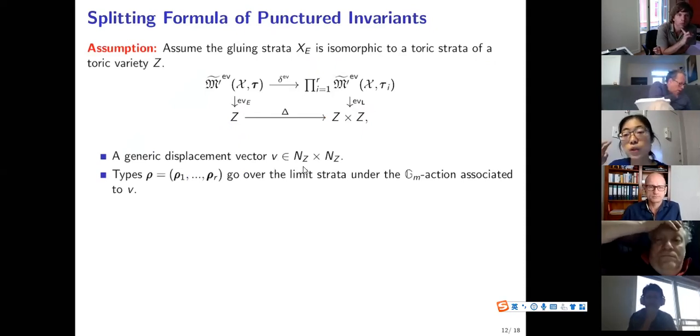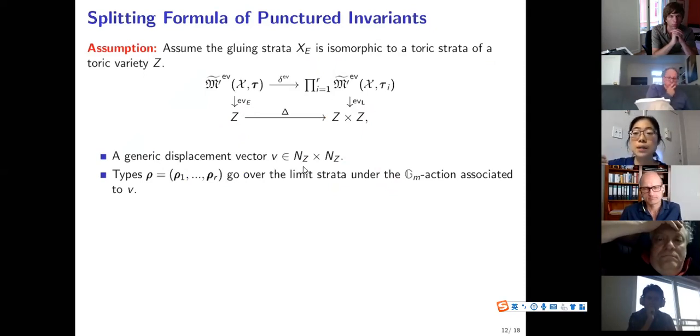And the two ingredients that we also need here are, one, we want to have a generic displacement factor. And two is that after displacing it along this vector, we'll get the types that will be on the limit when we push along that direction.